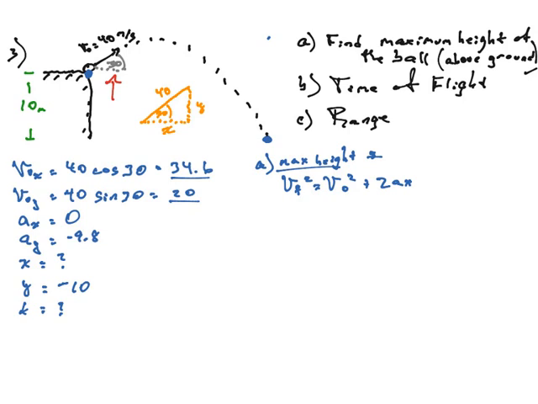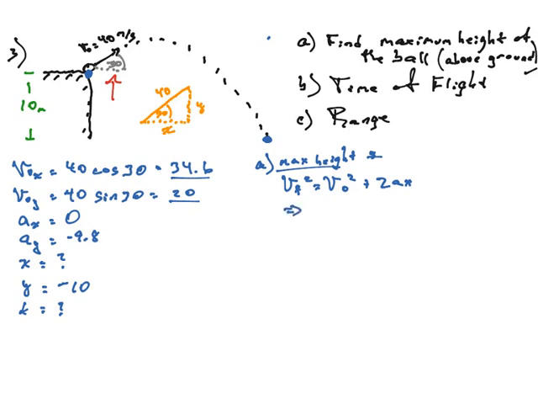So if I'm at the very top of my motion, then how fast must I be traveling in the y direction? Well, I better be traveling at 0. I better not be moving at all. Because if I'm still moving up, then I'm not yet at the top. But I'm trying to find it when I'm at the top, so the only way I can be at the top is if I've stopped moving in the y direction. Thus, the final velocity in the y direction at the maximum height is always 0.